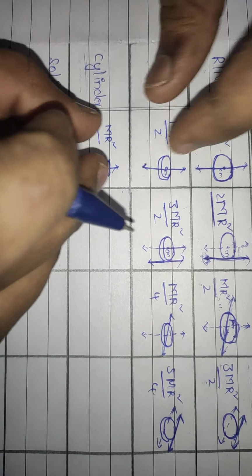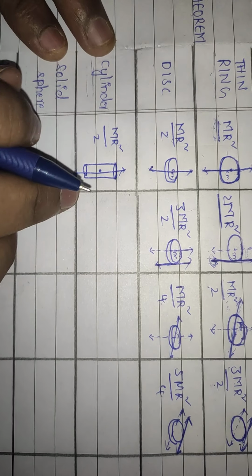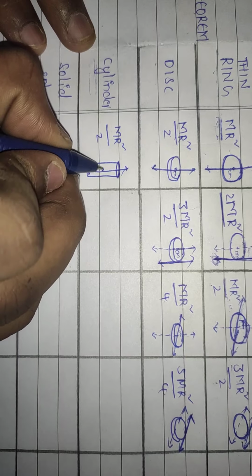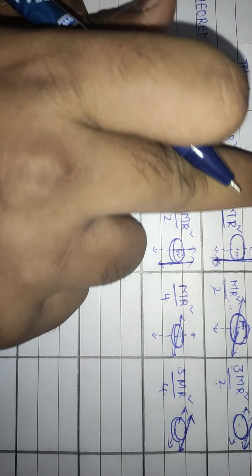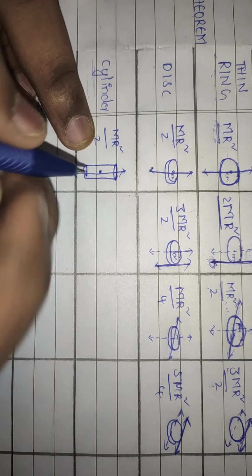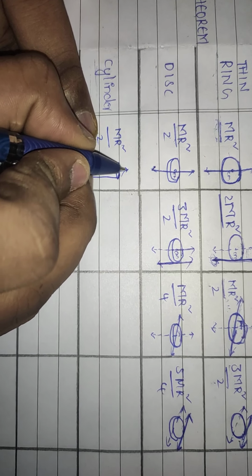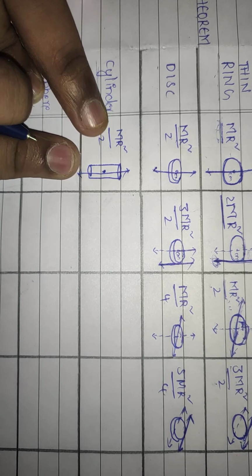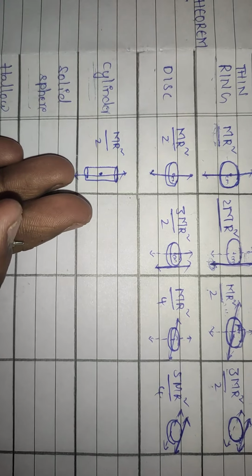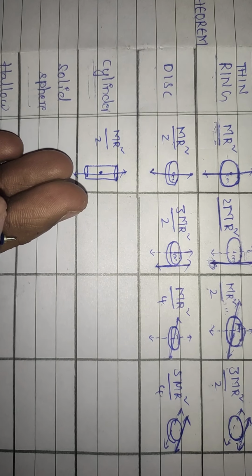Cylinder is nothing but an extension of the disc. This is the axis perpendicular to the plane, and this is nothing but the axis parallel to the length of the cylinder.